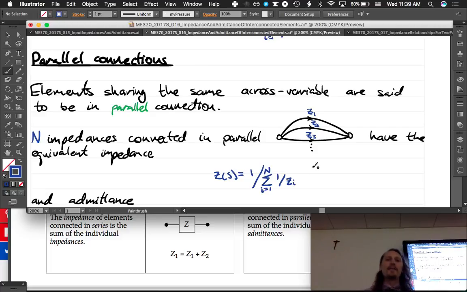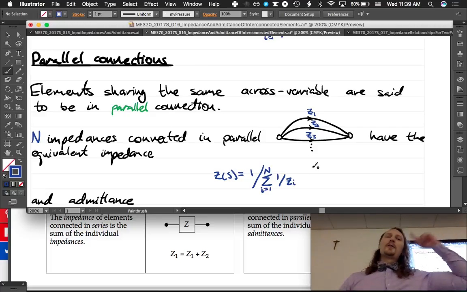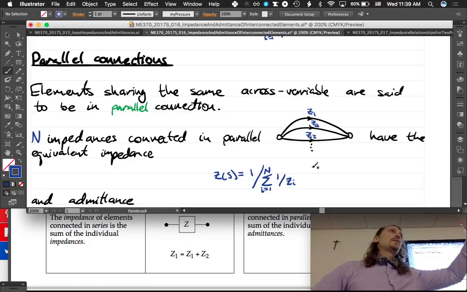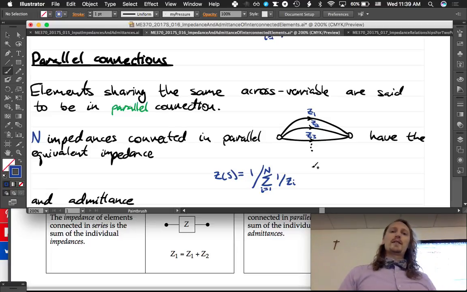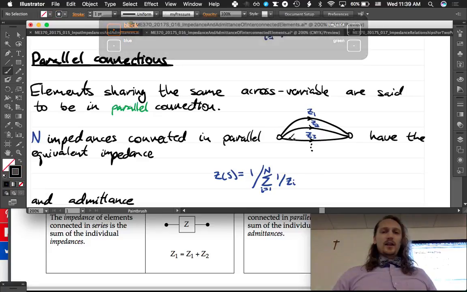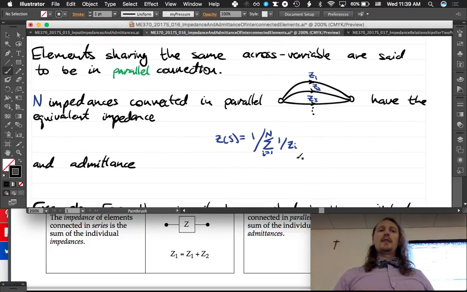This looks a lot like what we would do when we combined resistors in parallel, right? 1 over R1 plus 1 over R2 plus 1 over R3 and so on. That's this formula.